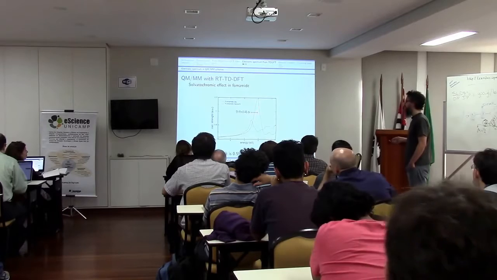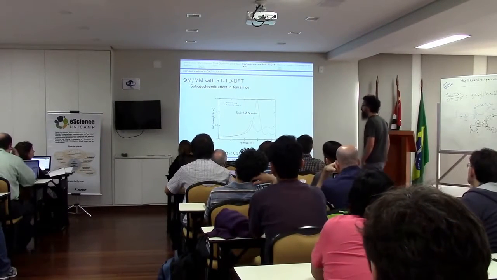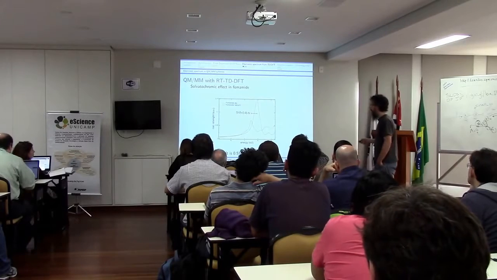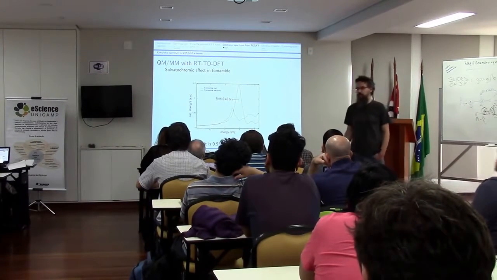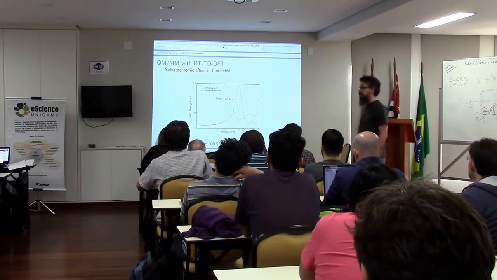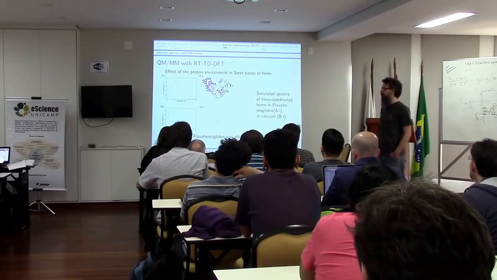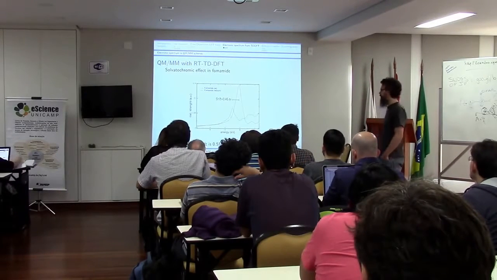Exactly this. And if we compare the spectrum in vacuum and in aqueous solution, we see a shift of the absorption spectra that is in really good agreement with the experimental shift. So time-dependent DFT works and QM/MM works.